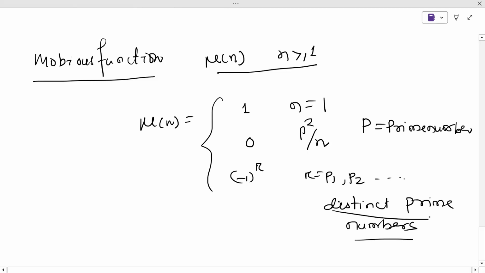These are the distinct prime numbers. That is called the Mobius function.